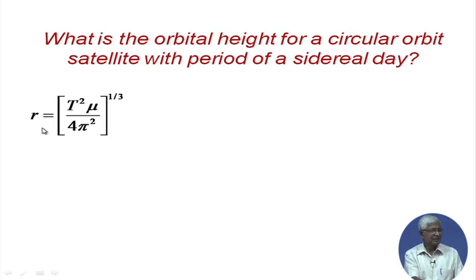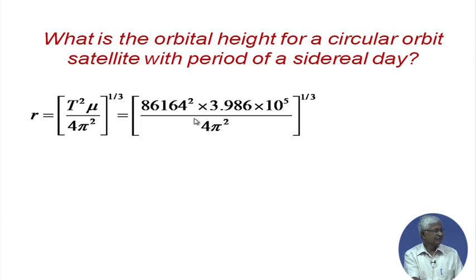Let us recollect the formula of the time period of an orbit, that is T square is equal to 4 pi square by mu times r cube, and from that r can be calculated as the 1/3 root of T square mu by 4 pi square. Let us put in the numbers for the sidereal day.